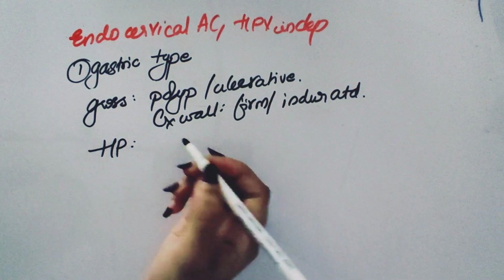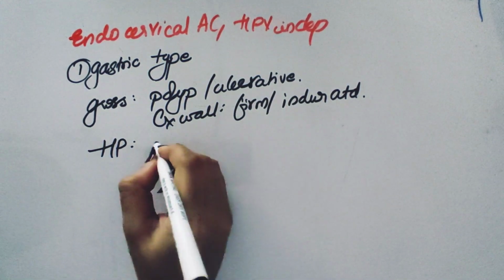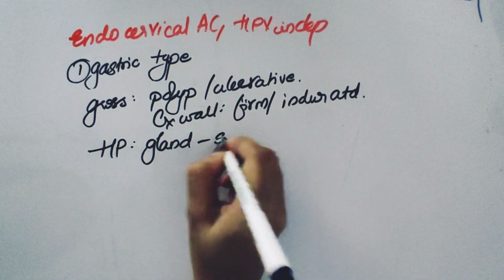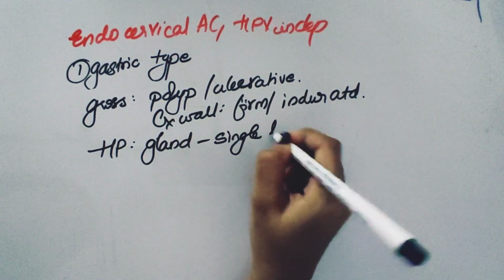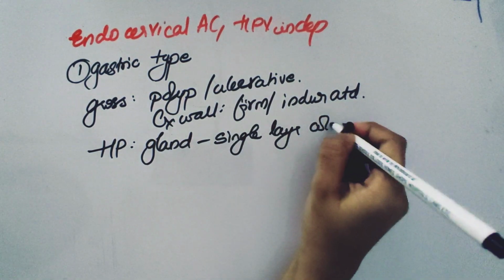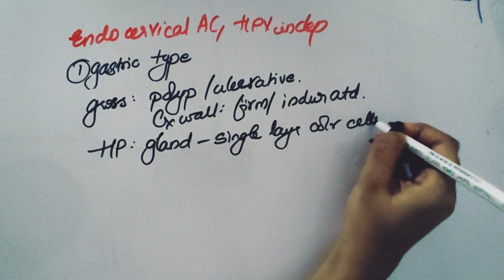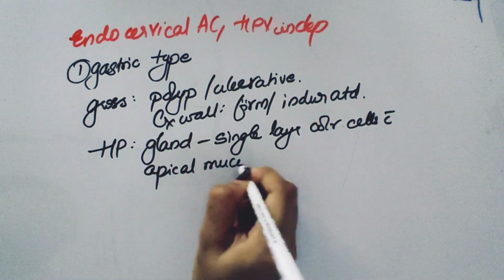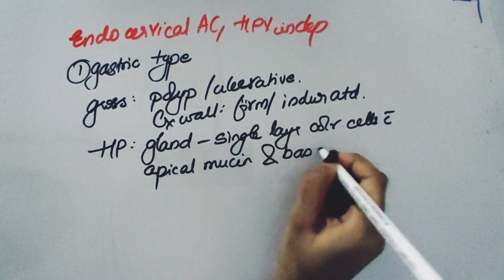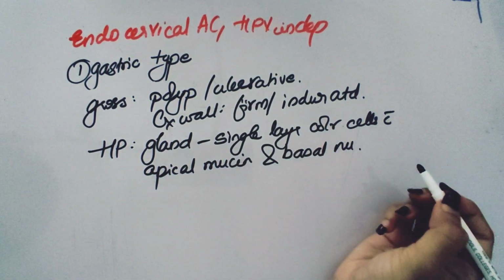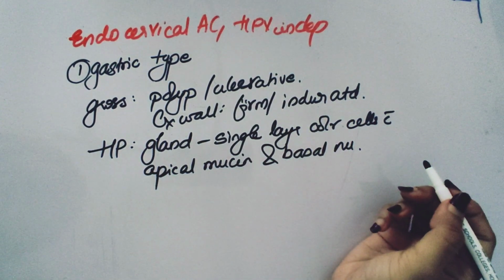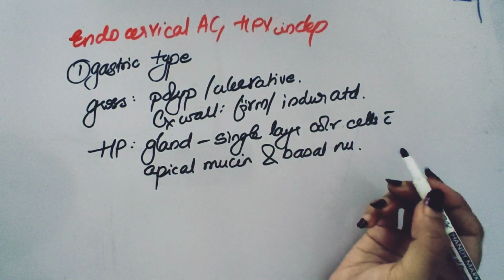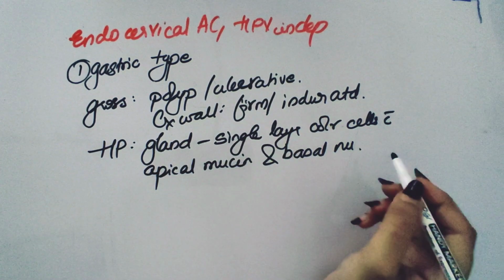And then histopathology or microscopy, you will see obviously a glandular pattern, and the glands have a single layer of columnar cells with apical nucleus and basal nucleus, and it will obviously have inconspicuous nucleoli, as you see in the gastric glands. And the mucin can give it a clear cytoplasmic look.